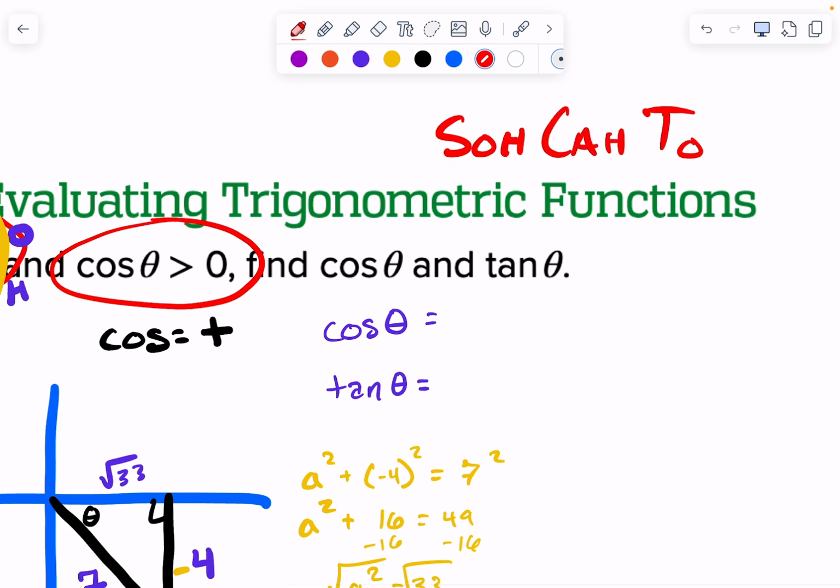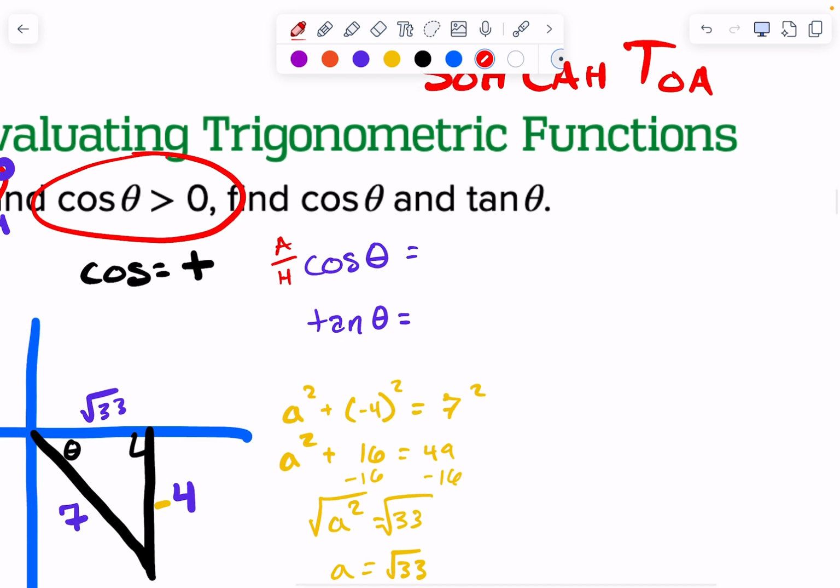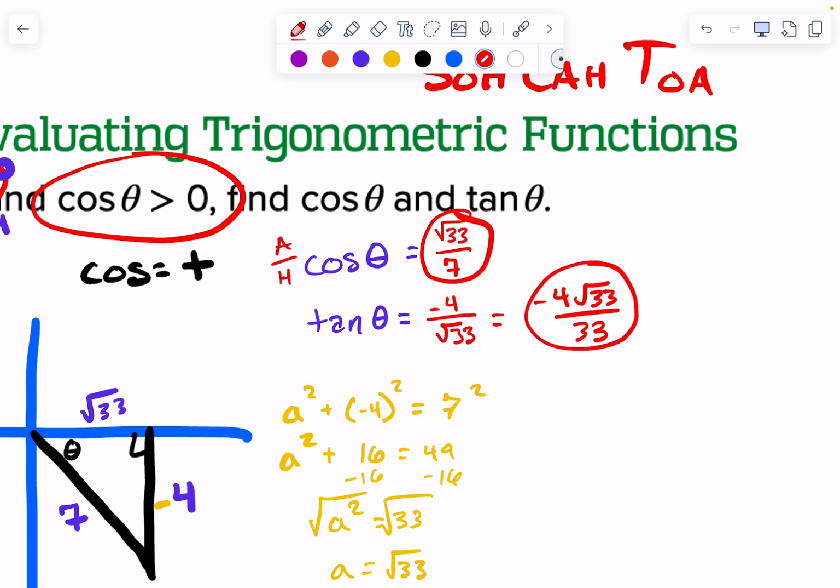Cosine is adjacent over hypotenuse, so square root of 33 over 7, and we don't have to rationalize. That's cosine. Tangent is opposite over adjacent: negative 4 over the square root of 33, or negative 4 square root of 33 over 33. That's tangent.